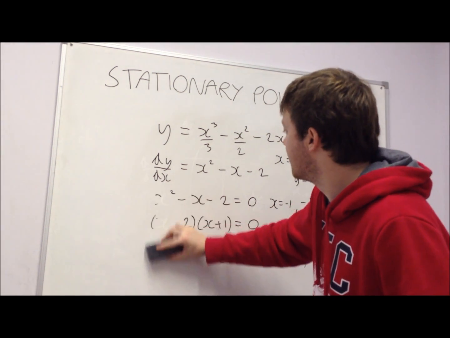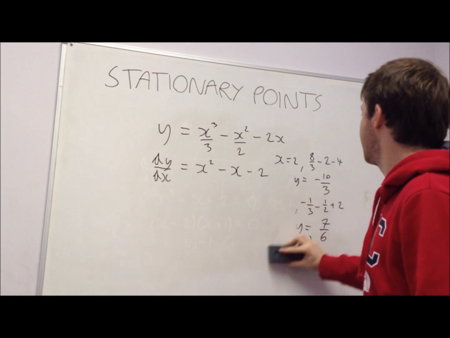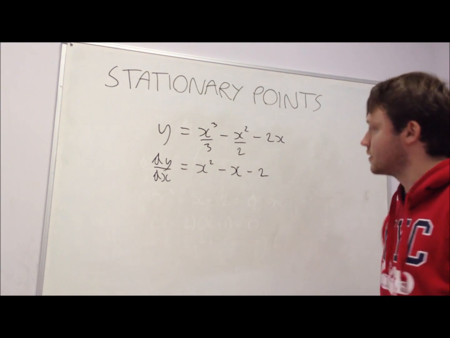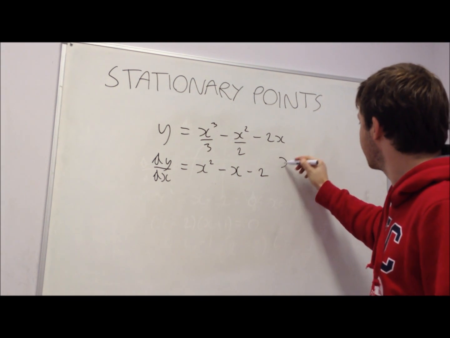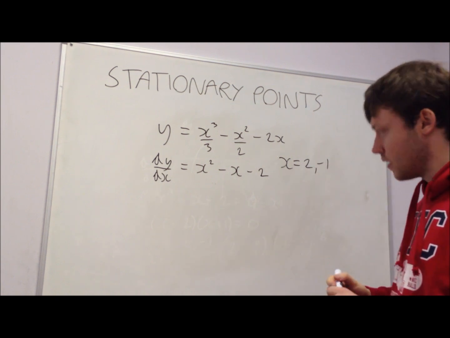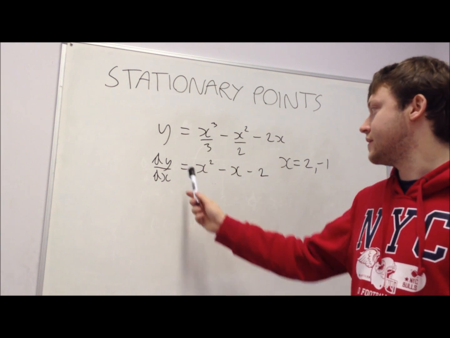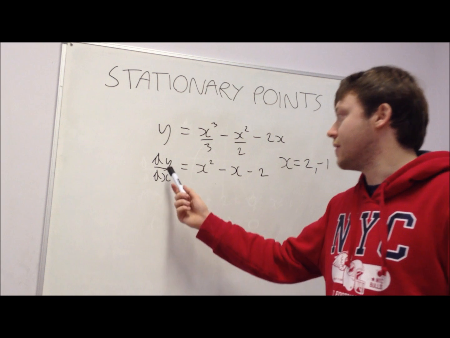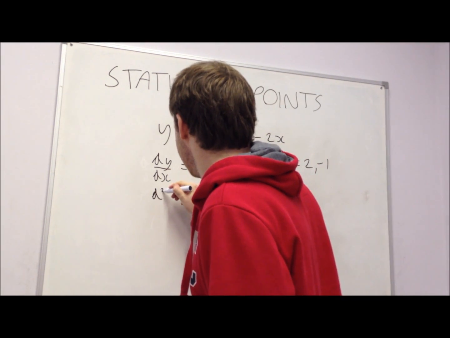Now to determine the nature of those stationary points, we'll just put the x coordinates down because we'll be needing them later. We know that we need to find the rate of change of the gradient, which is d2y dx squared, and just the derivative of dy dx. So we can just do this.